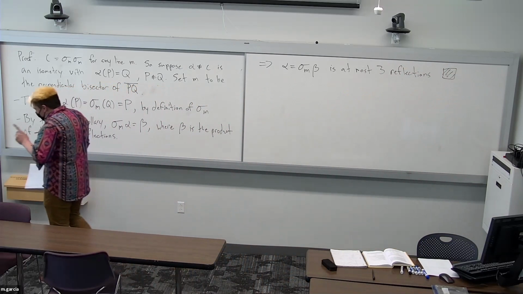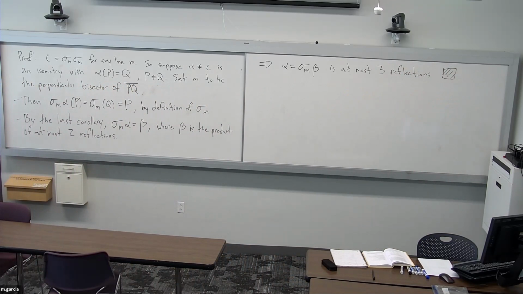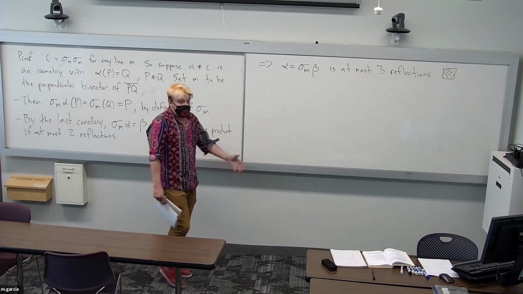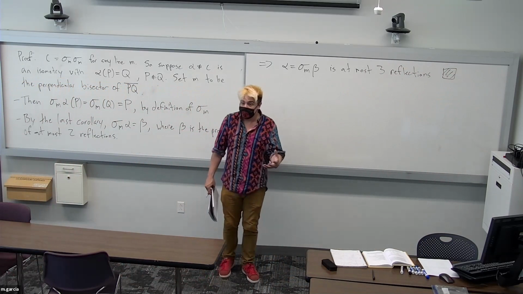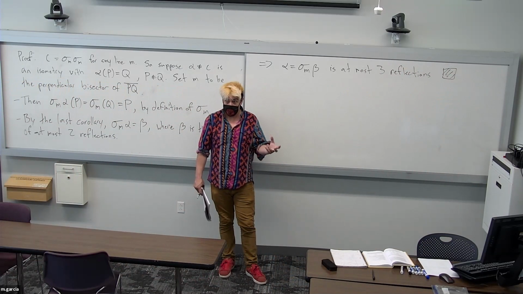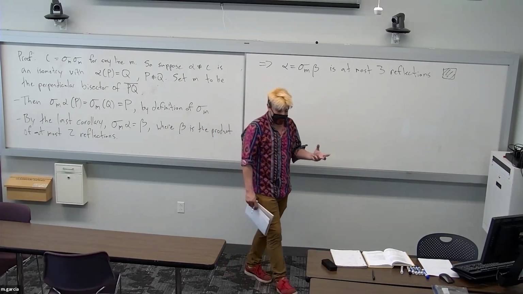But it's not that nice. It's not constructive in any way. Given an arbitrary isometry, how do we write down the reflections that it can be factored into? Are they unique?